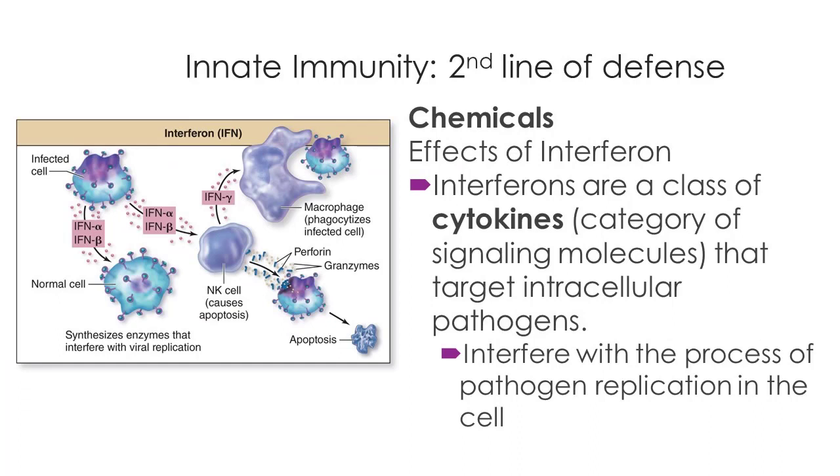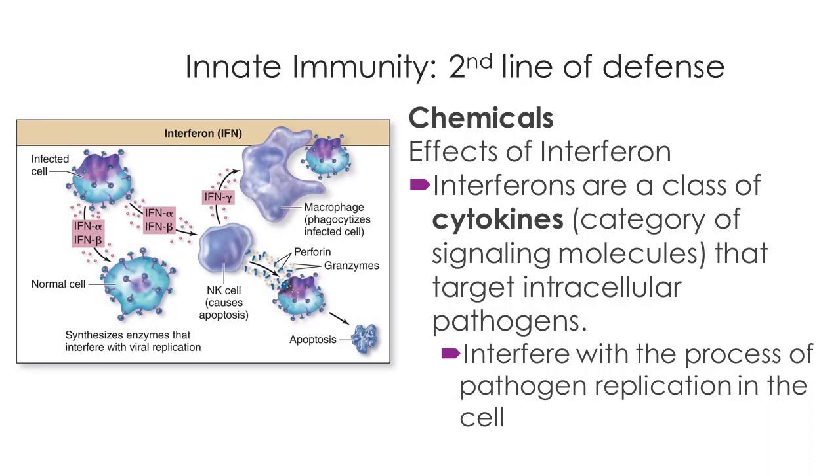Now we also have chemicals. We talked about the chemicals in those granules of neutrophils, eosinophils, and basophils. Maybe not digestive enzymes, but these are signaling molecules. They're called cytokines. And one of those particular cytokines is called interferon. And so in this case, cells can secrete interferons.